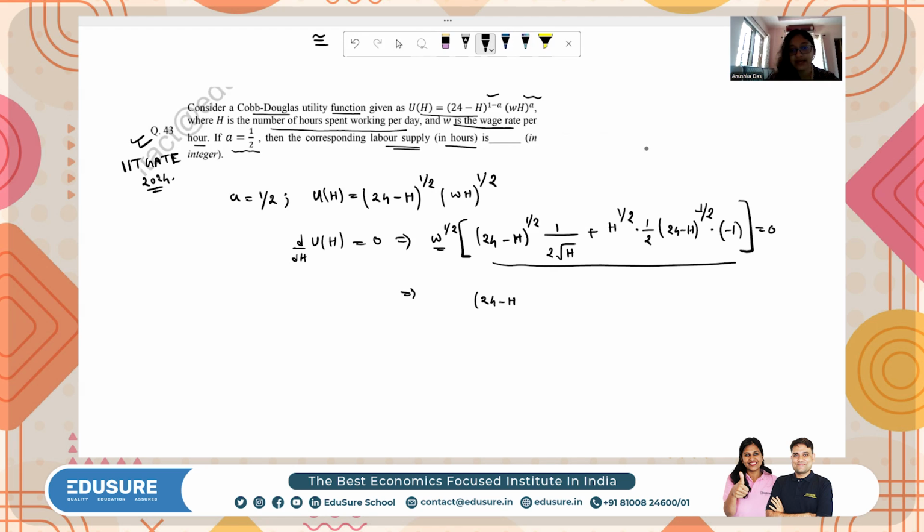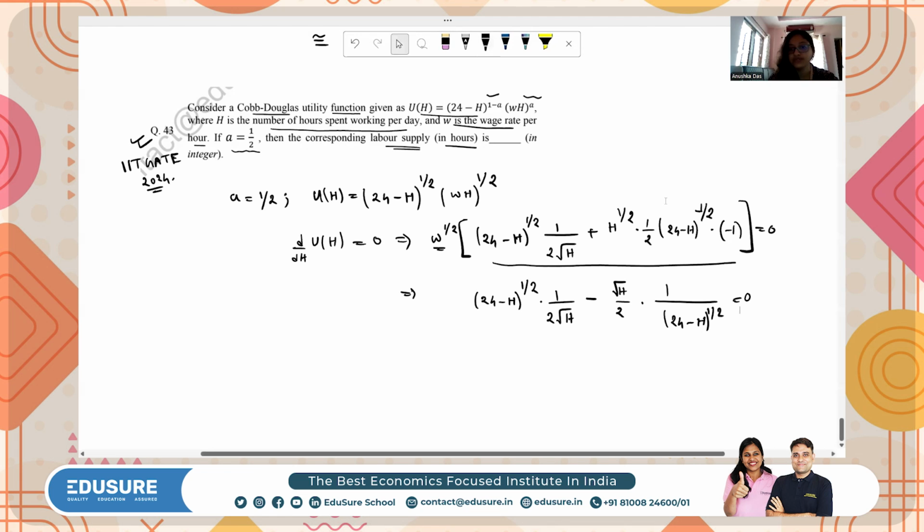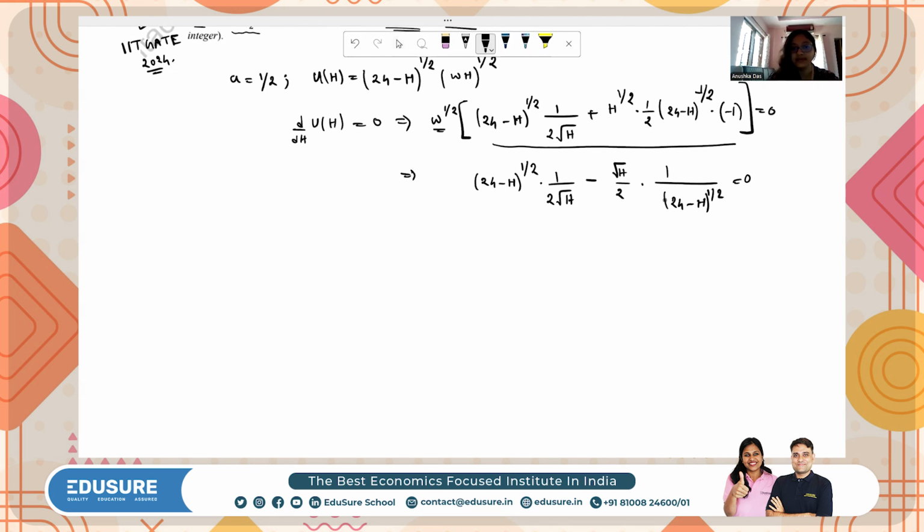So 24 minus h to the power half, this minus, here you have root h upon 2 into 1 by 24 minus h to the power half equals to 0. So you simply need to solve this thing and you will get the value of h.